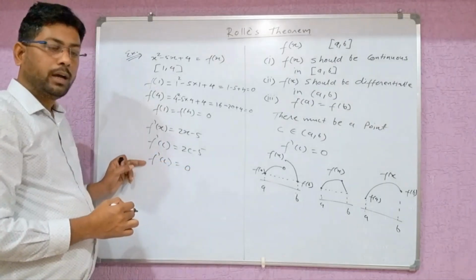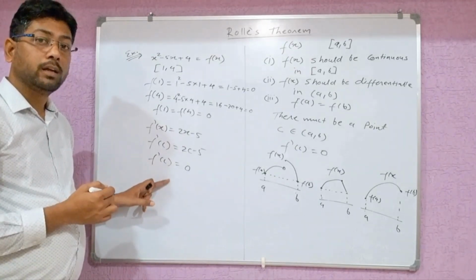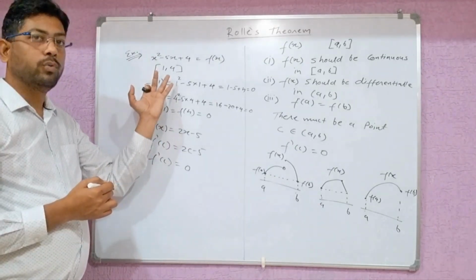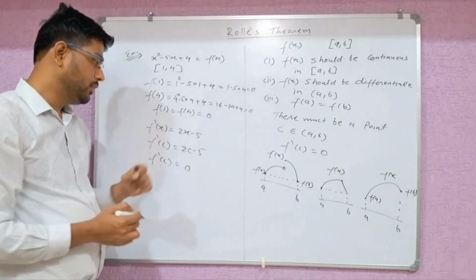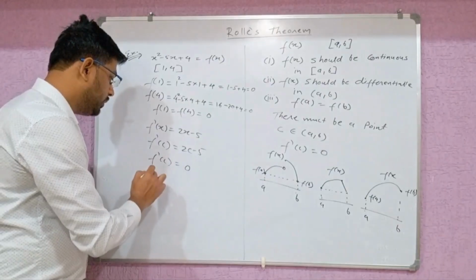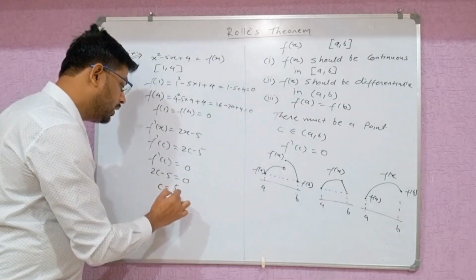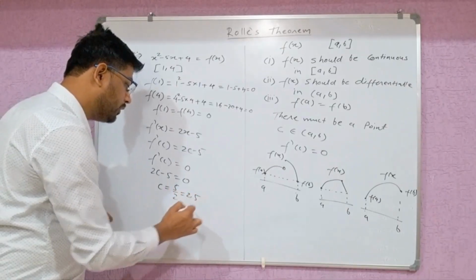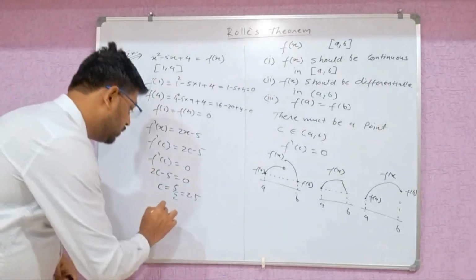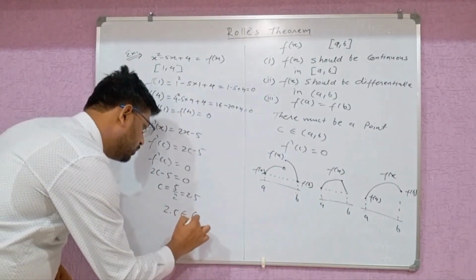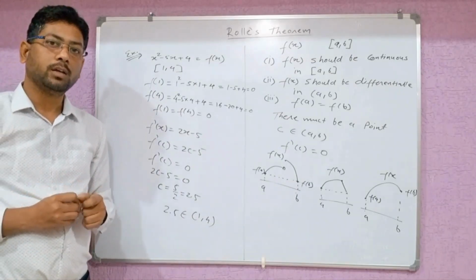So by applying this, we'll find the value of C and we'll check whether that C is in this interval 1 to 4 or not. If that is there, then this Rolle's theorem will be verified. So 2c minus 5 equals 0. From here we get C as 5 by 2, that is 2.5, and we know this 2.5 belongs to this interval 1 to 4. So hence this Rolle's theorem is verified.